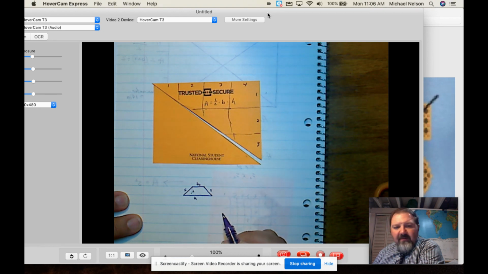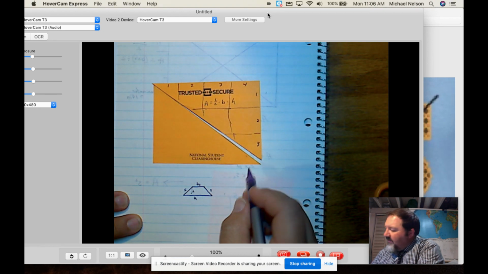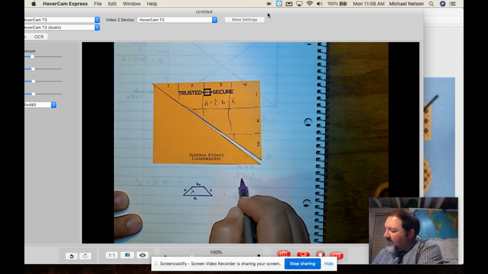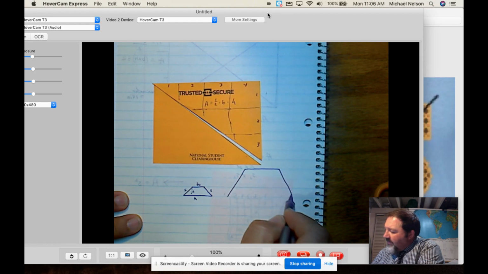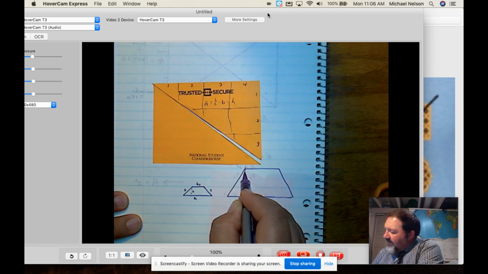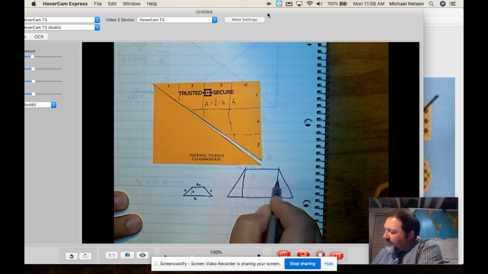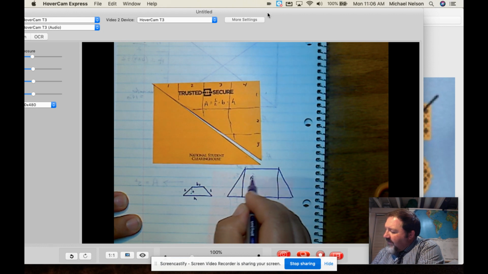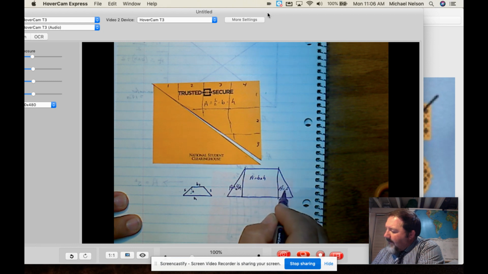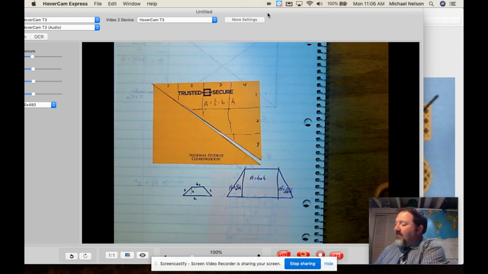Oftentimes, if you're trying to find the area of a trapezoid, I'll draw a little bigger one here, then you can do a special trick if you know the measurements, and you can just cut it into two triangles. Then you have the area of a rectangle, and the area of a triangle, and the area of a triangle. So you have two triangles and a rectangle that you can combine right there.